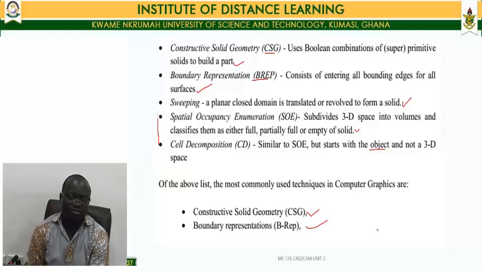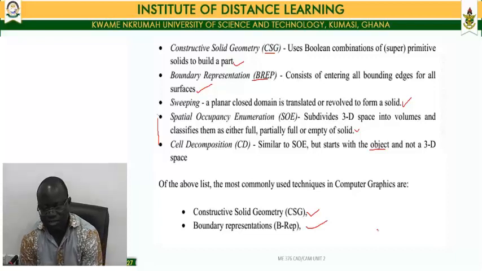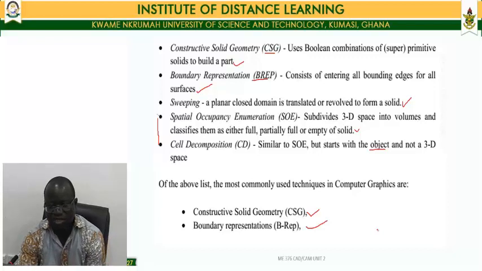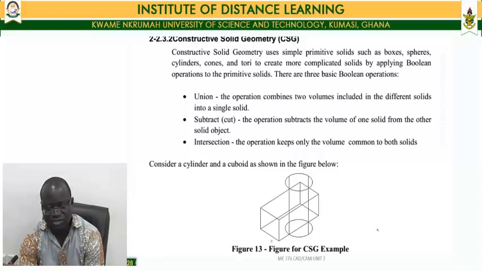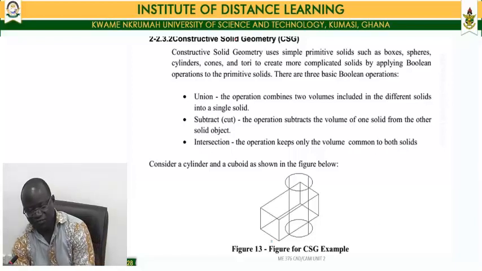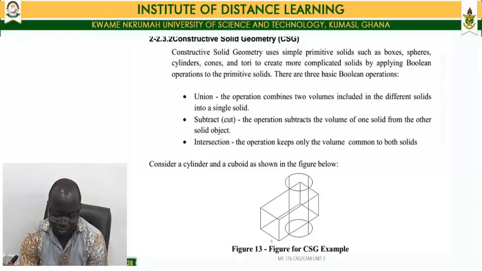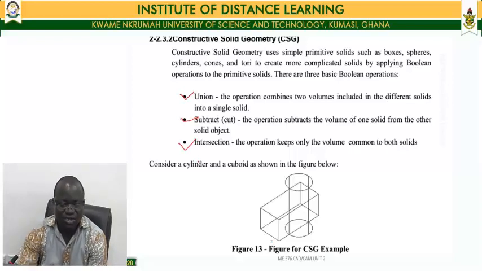Right. Now, when it comes to constructive solid geometry, we are saying that it uses simple primitives such as boxes, spheres, cylinders, and tori to create more complicated shapes. It uses the three Boolean operations: union, subtract, intersect. So, for instance, if you have a cylinder and a cuboid here, and you model them together, and you apply any of these Boolean operations.